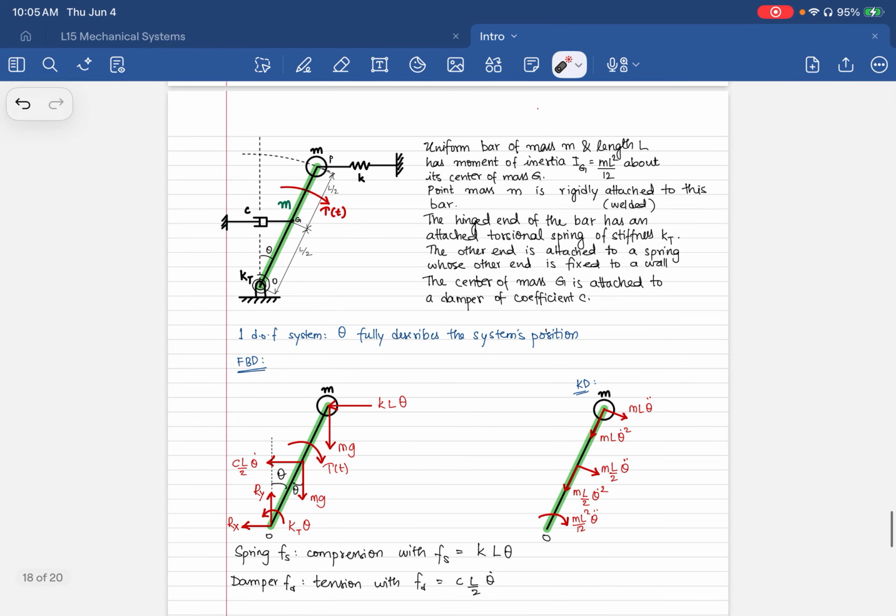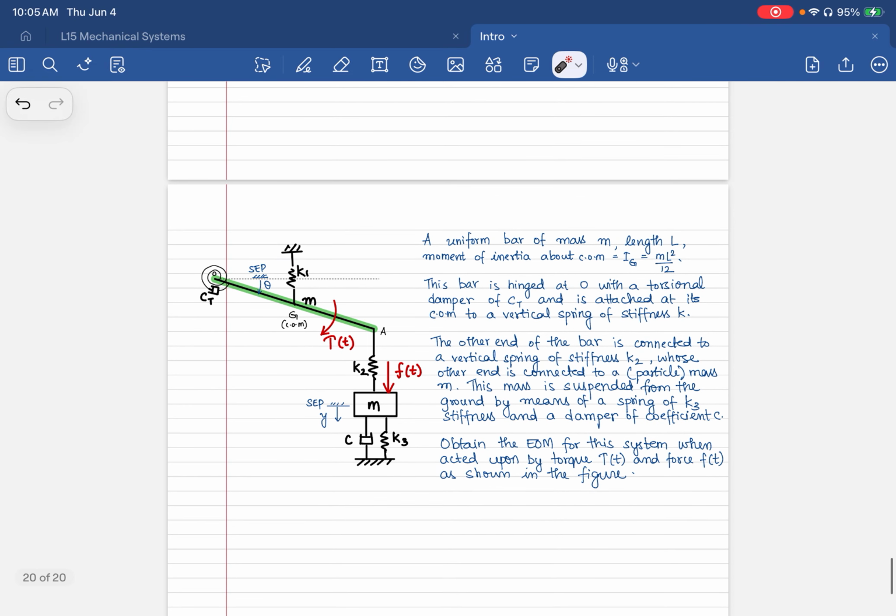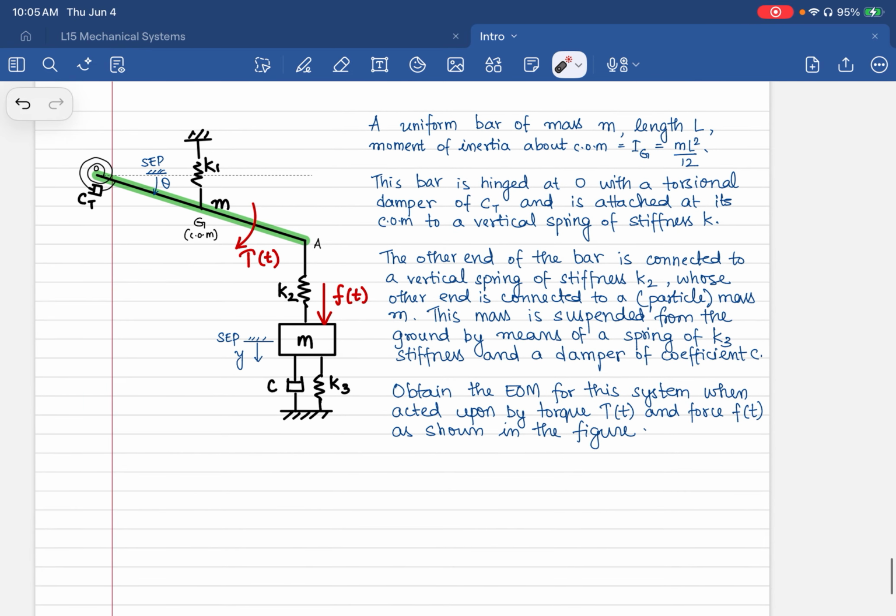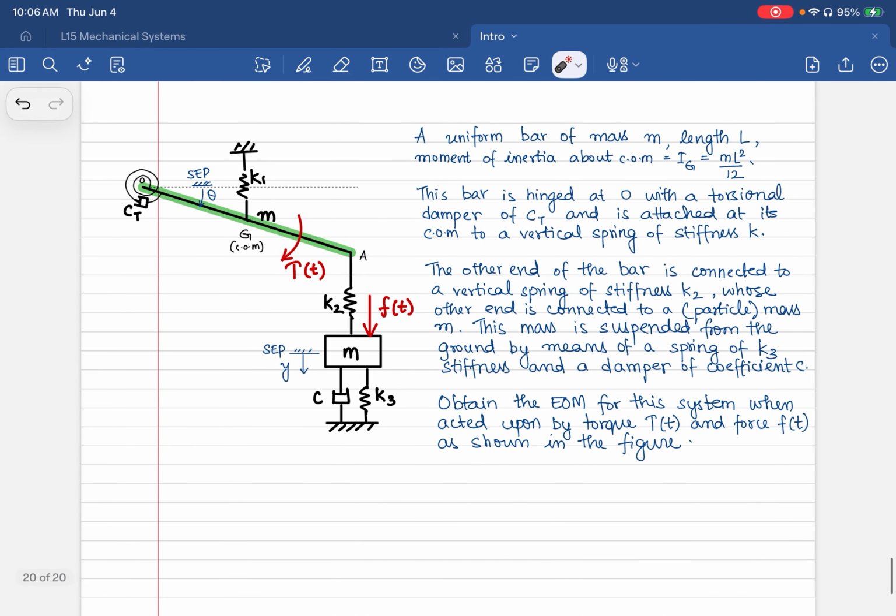Okay. Let's do another problem here. You have a uniform bar of mass m. So this here is a uniform bar of mass m and length L. Given to you is a moment of inertia about its center of mass.